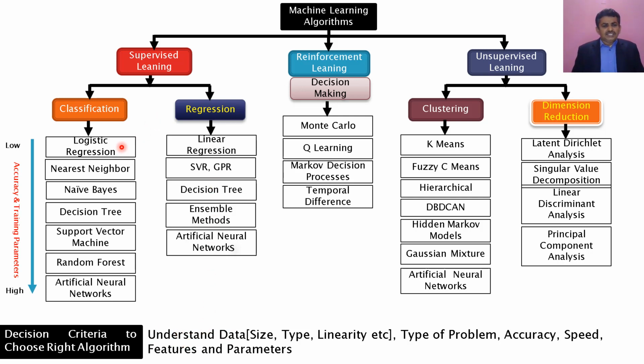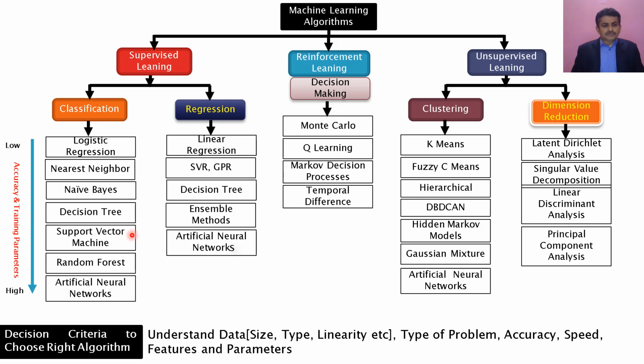Logistic regression works based on regression and it uses the logistic function for classification. Nearest neighbor decides based on the number of nearest neighbors. Naive Bayes works on the principle of Bayes theorem. Then we have the decision tree, which plots a decision tree for each data set, and the node available at the root is the most important variable in the data.